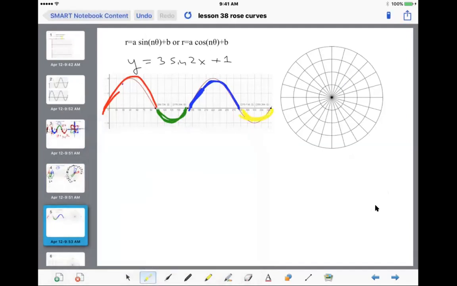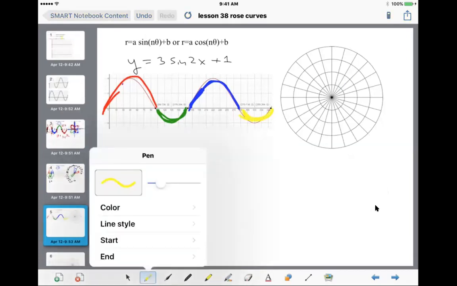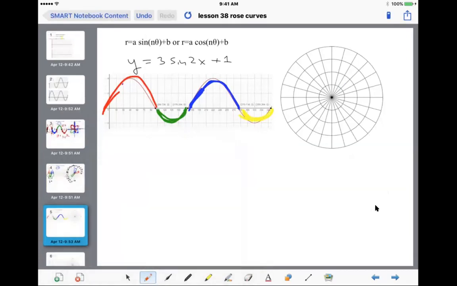Now, to draw a nice accurate graph of this, notice how this first petal, we actually don't even know what the x-intercept is. And my eyes aren't very good. I can't even see what it is approximately.